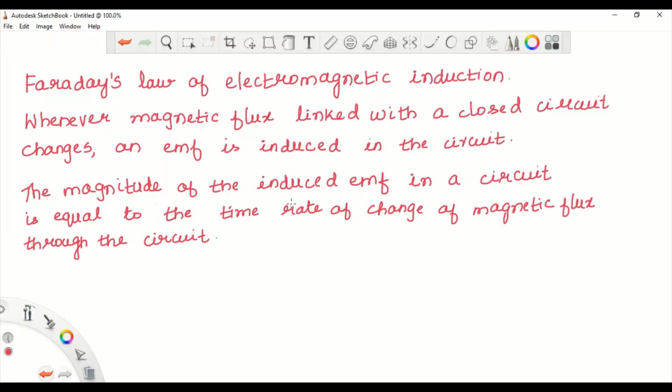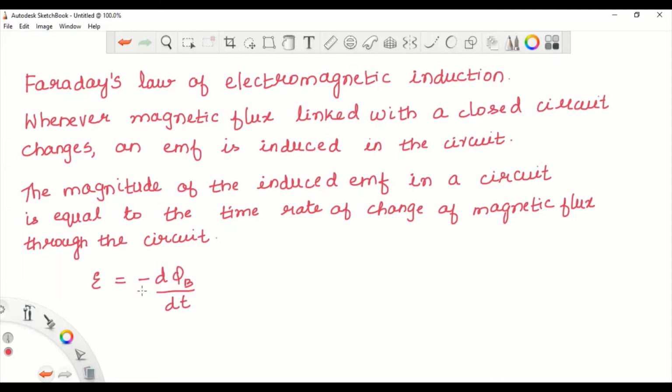The magnitude of the induced EMF in a circuit is equal to the time rate of change of magnetic flux through the circuit. So this can be mathematically given by induced EMF is equal to minus d phi B divided by dt.